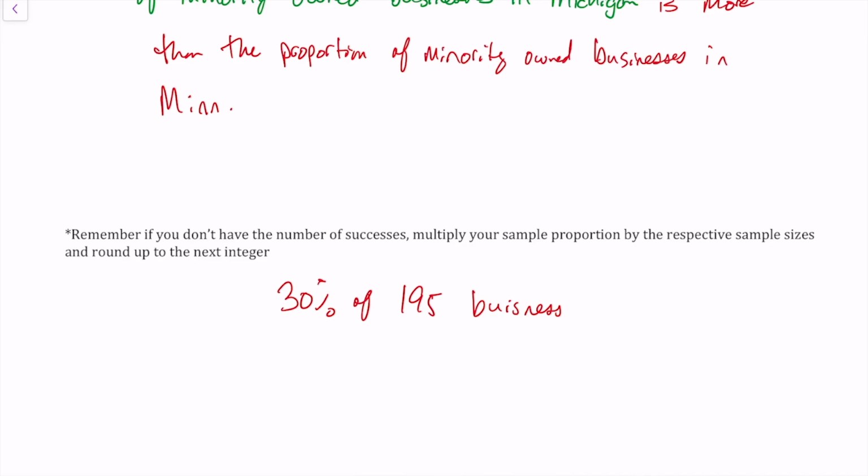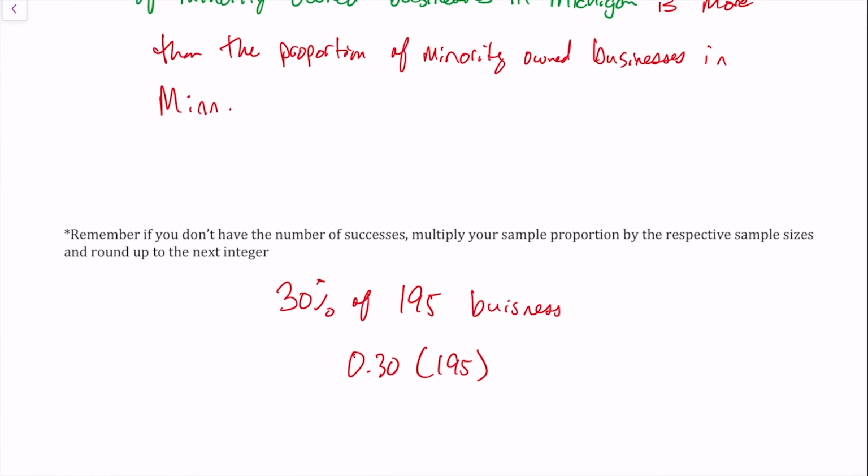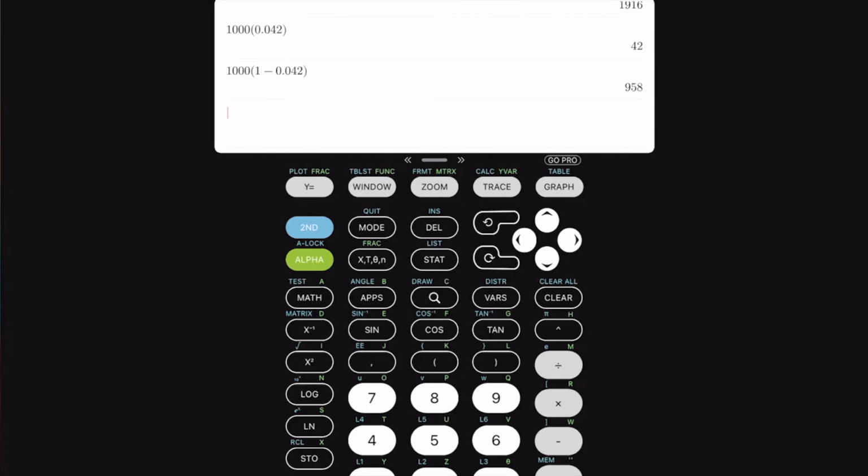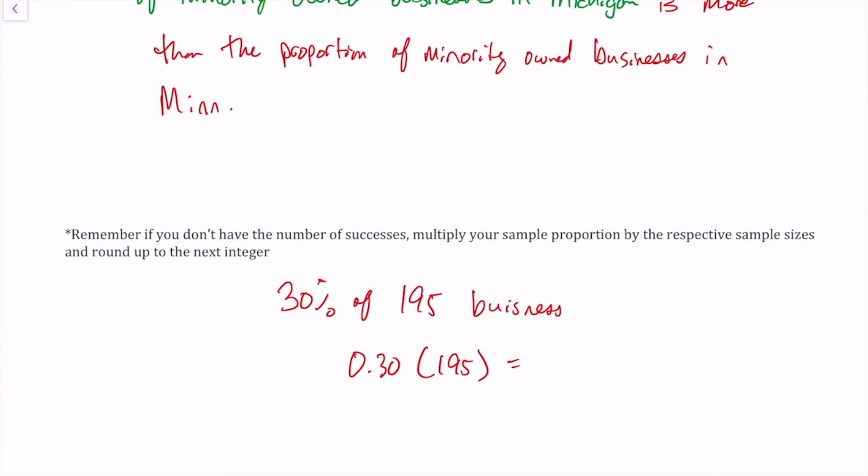What we would do is take 0.30 times 195. That's 58.5. So you do 58.5, and remember, you always round up. So your number of successes would be 59.